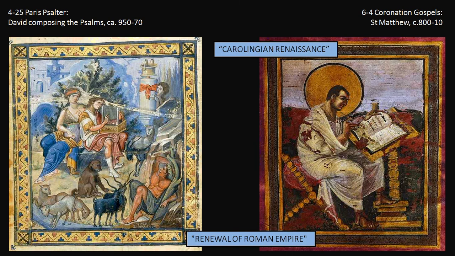With the Paris Psalter, the title page returns to Rome because it was right after the iconoclastic controversy. Right? 120 years of no art. And then looking back to ancient Rome was a way of reviving the arts after that interruption. For the coronation gospels and the artists working for Charlemagne, it's political.